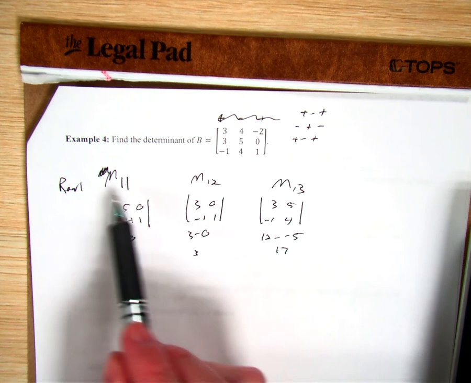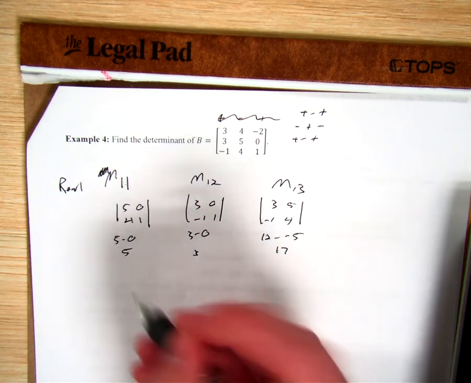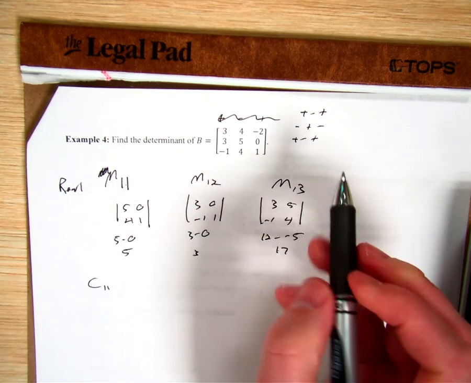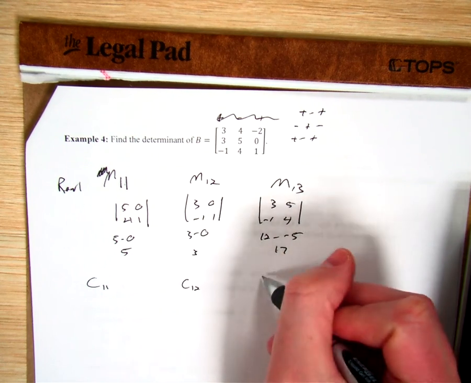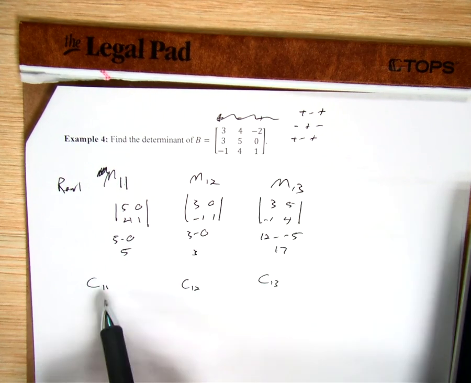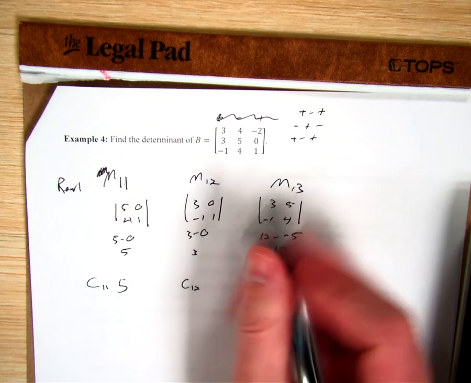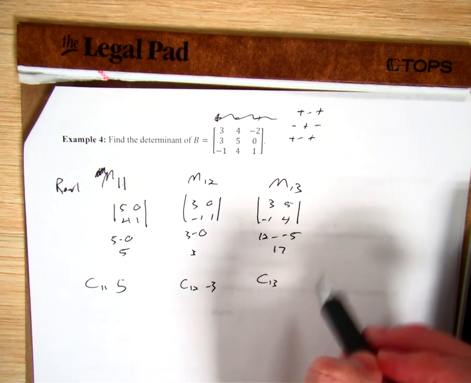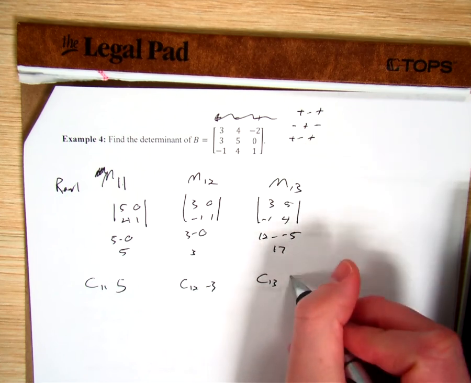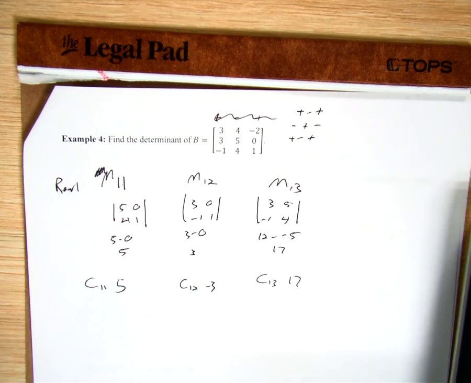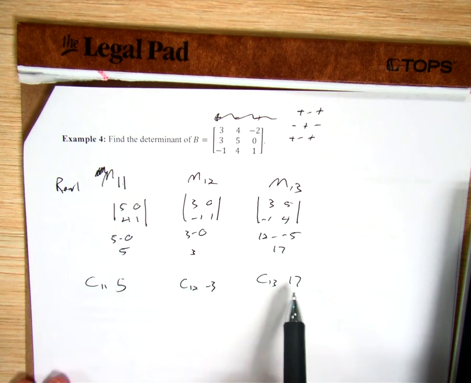Now my cofactors, C11, C12, C13. This one stays. This one changes. This one stays. Okay, and then now I take the cofactors times the actual terms and add them all up.